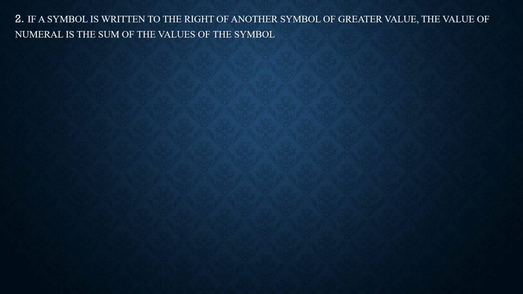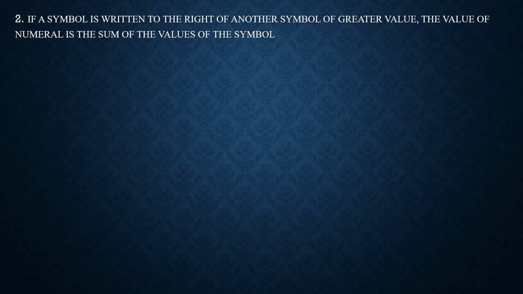Going to the second rule. The second rule states that if a symbol is written to the right of another symbol which is of greater value, the value of the numeral is the sum of the values of the symbols.